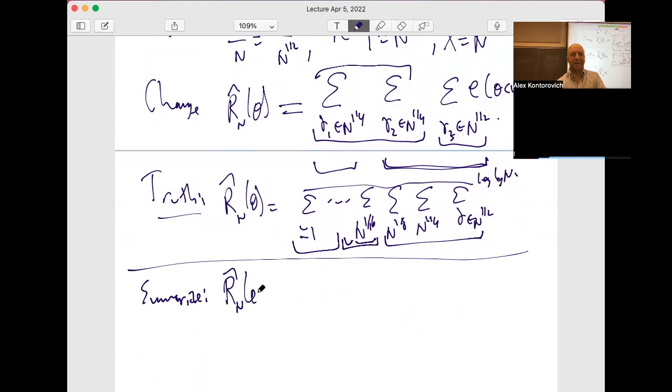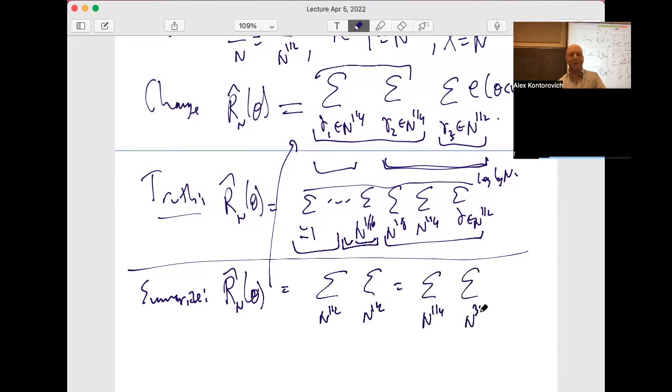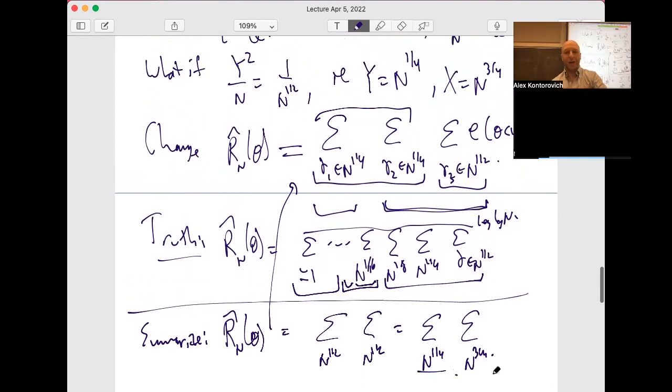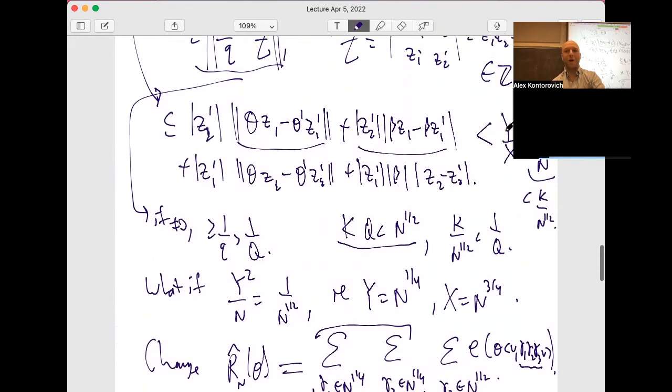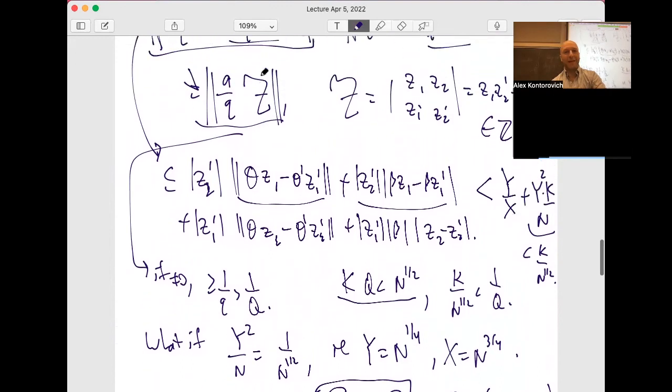Rn theta is this, which we can break up into something that looks like an n to the half ball and an n to the half ball to do one analysis, but we can also break it up as an n to the quarter ball and an n to the 3/4 ball to do what we're doing now. When we break it this way, this is the variable in which we Cauchy-Schwarz. Actually, the 3/4 is the one that we Cauchy-Schwarz, and y is the short variable. X is the long variable. Then what we get is z.